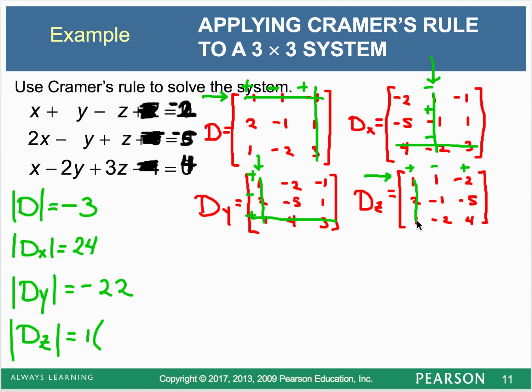If I discard the row and column that the 1 belongs to, I have negative 4. Negative 4 minus 10. Okay, now I have minus 1. Discard the row and column that the 1 is a member of, and we have 8.